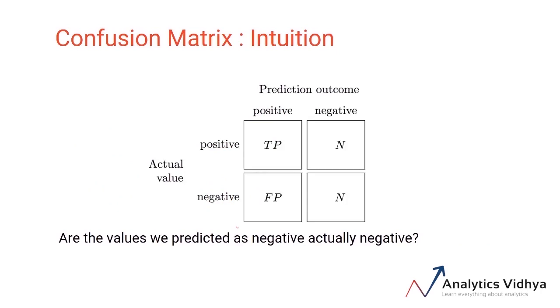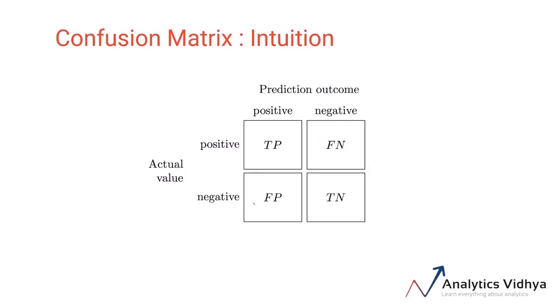Similarly, the question comes, are the values we predicted as negative actually negative? If yes, then we can say that the model predicted negative, the actual value is negative, so the prediction is correct or true. On the other hand, if the model predicted negative, but the actual value is positive, I can say the prediction is incorrect or false.